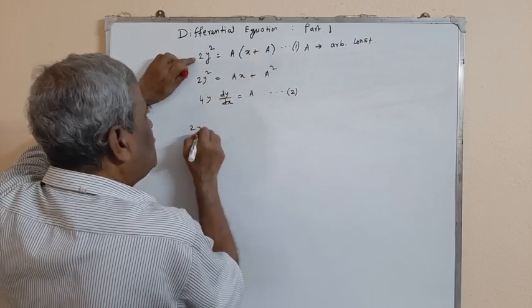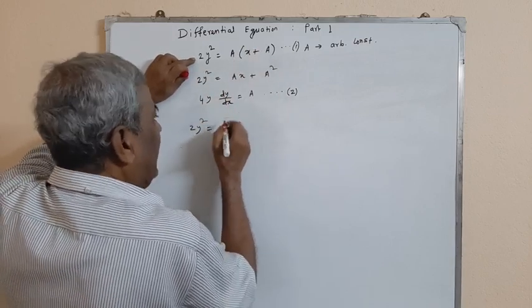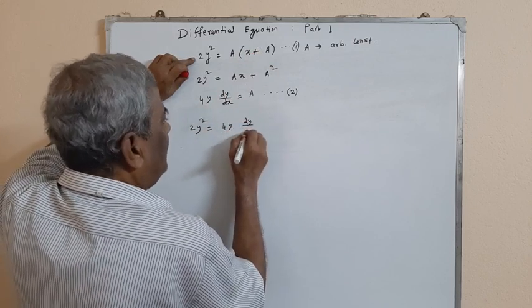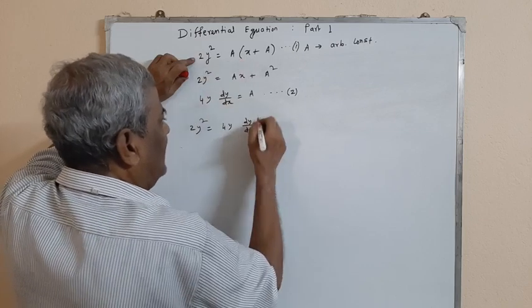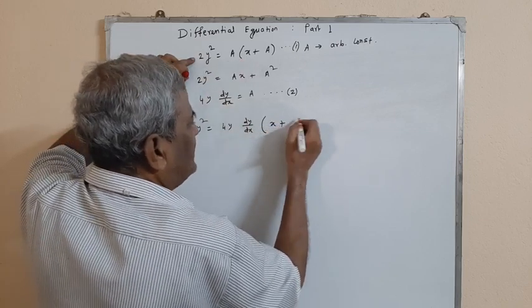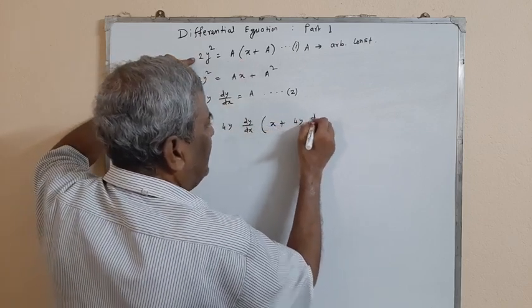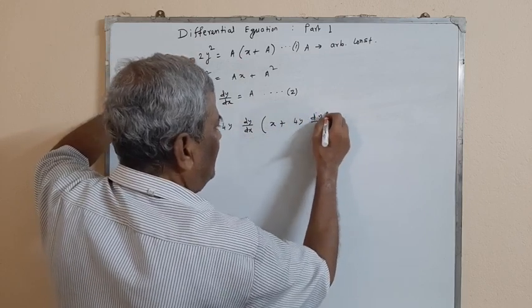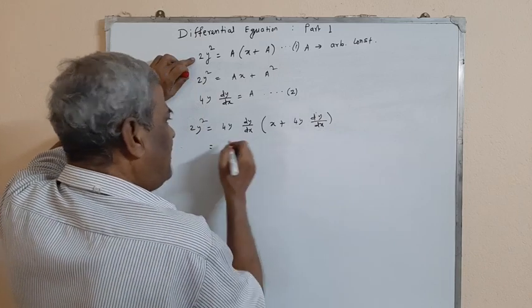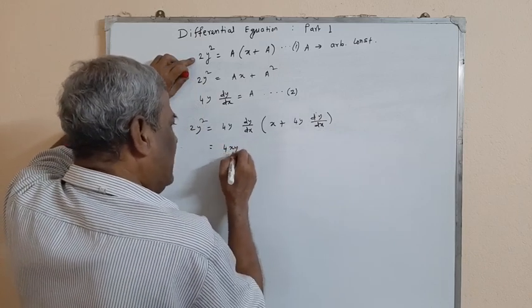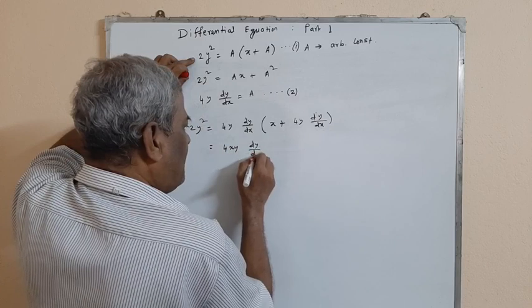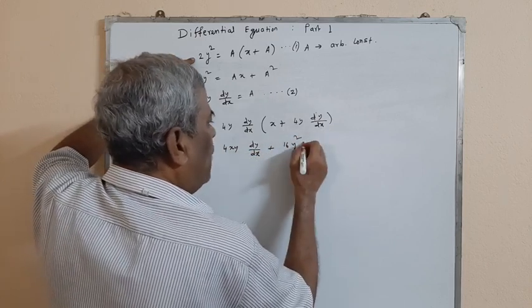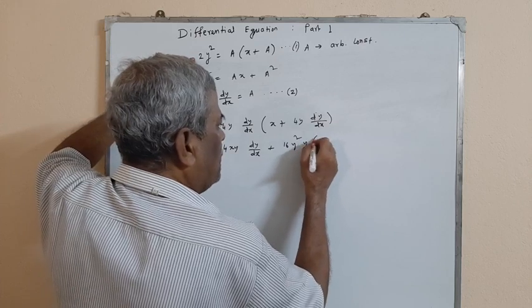So 2y square is equal to a x plus a square, where a means 4y dy/dx. It is equal to 4xy dy/dx plus 16y square (dy/dx) whole square.